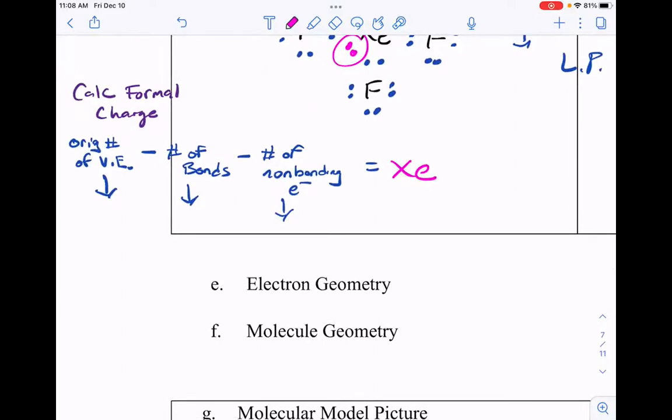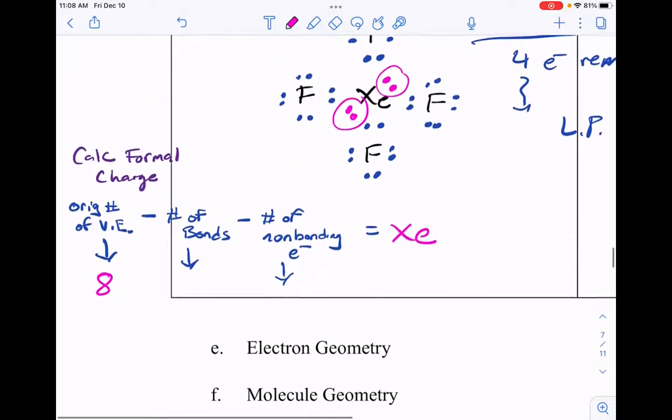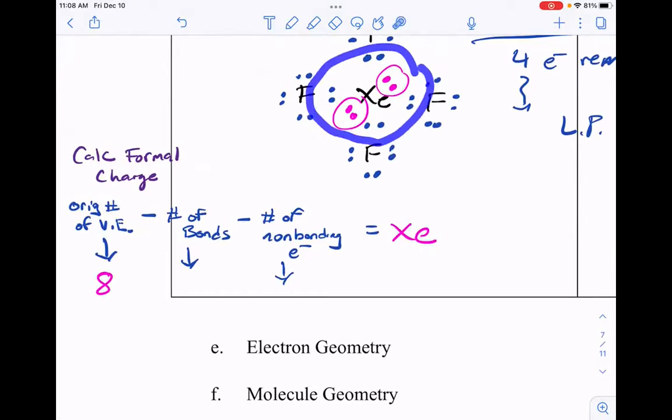How many valence electrons does xenon originally have? 8. Good. How many bonds do we see in this Lewis dot structure? 4. So 1, 2, 3, 4. And how many are non-bonding electrons? 4.